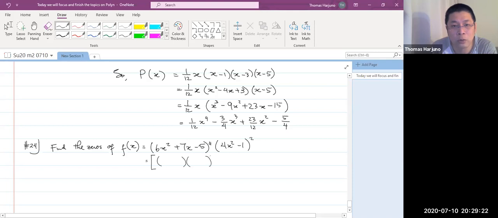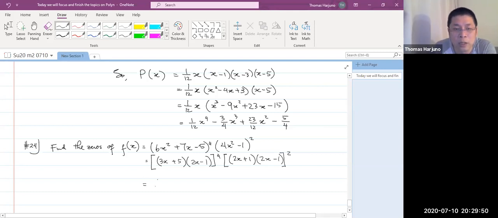That's why you need to be very good with factoring. This one is (2x plus 1)(2x minus 1), that's a square. This guy here, I believe that's (3x plus 5)(2x minus 1).